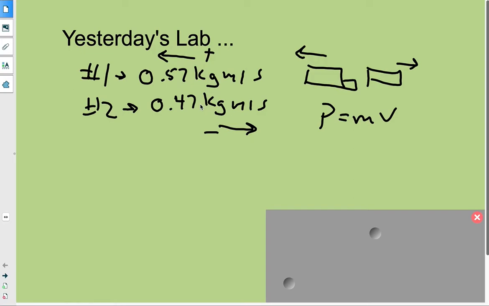Would it be 0? It would be 0, right? Because one is going to end up being positive and one will be negative. So the total momentum was 0 before the two carts were released. And after the two carts are released, it's still 0, right?